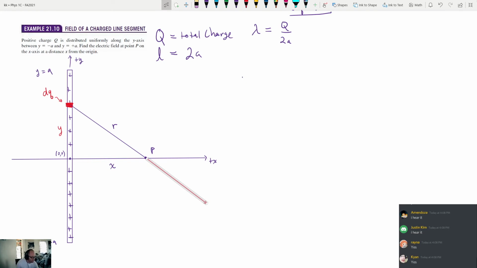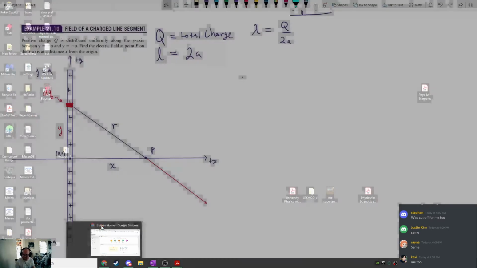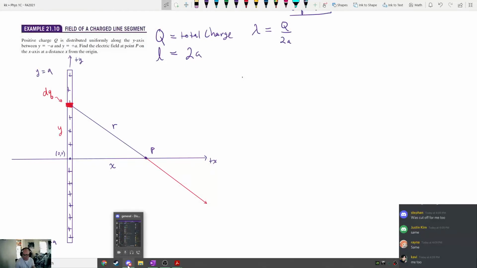Let me unplug and replug my headphone. What on earth is creating that noise?